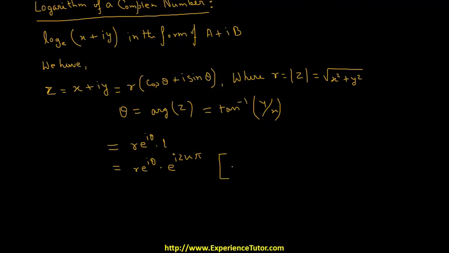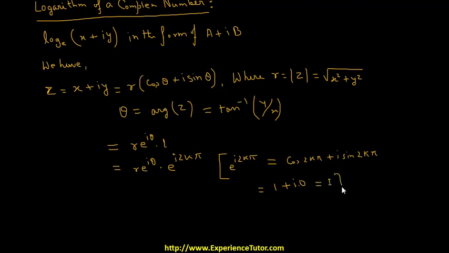The explanation is given here. e to the power i 2k pi is equal to cos 2k pi plus i sin 2k pi, is equal to 1 plus i 0, which is equal to 1.